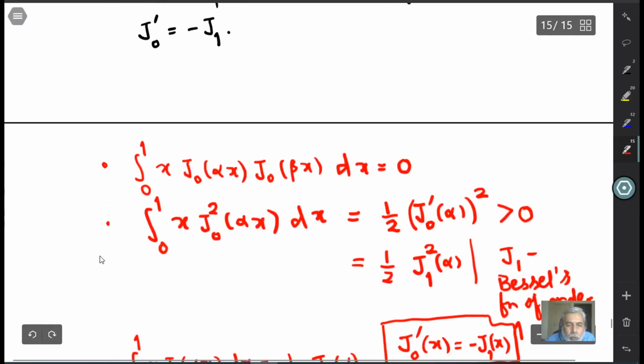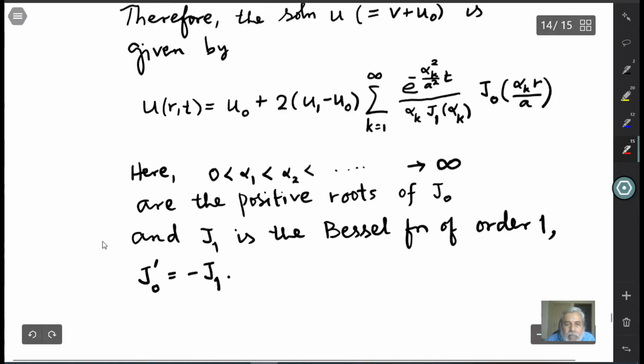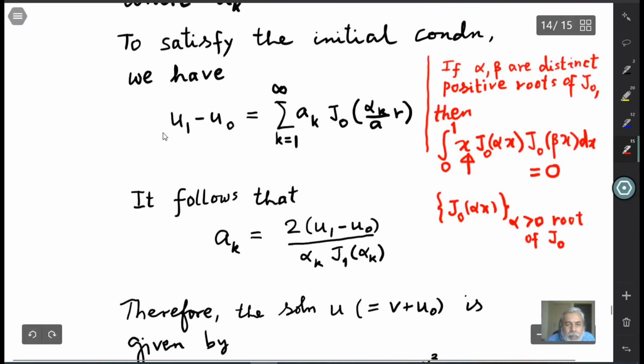So if you use these three properties, you multiply this by x. For example, here r by a, by our choice, let us call it x, then x belongs to [0, 1].